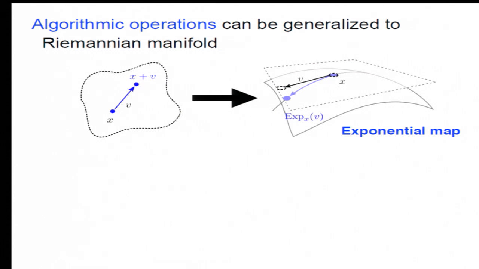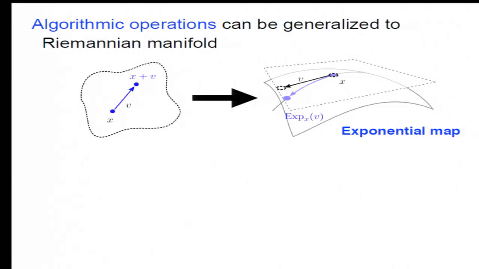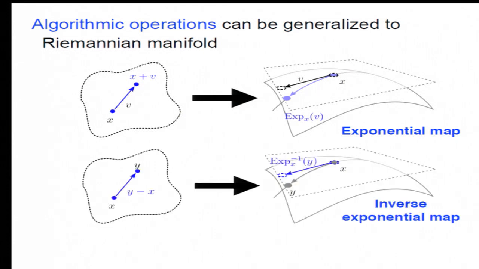So how does a Riemannian optimization algorithm work? It works by generalizing operations from vector space to Riemannian manifold. For example, the exponential map generalizes vector addition by mapping points from the tangent space onto a manifold. And the inverse exponential map generalizes vector subtraction by mapping points on a manifold to a tangent space.